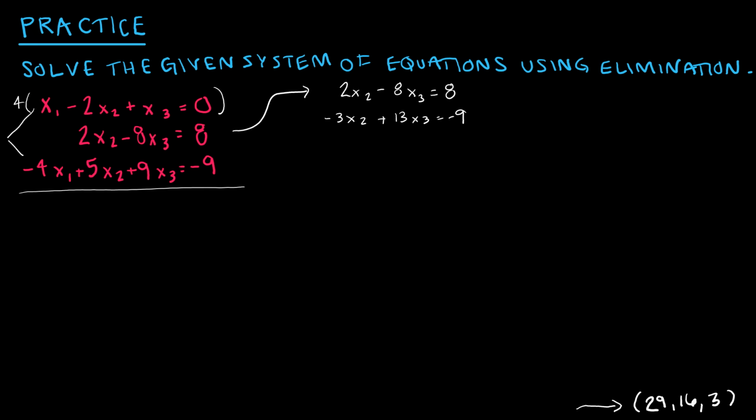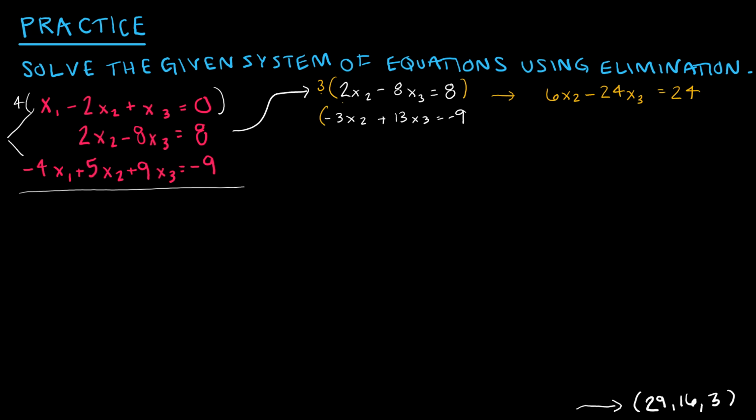So I'm going to take this equation. Oh, I don't like purple. That's not bright enough. I'm going to take this equation and multiply it by 3. And I chose 3 because 3 times 2 is going to give me 6. And that gives me 6x2 minus 24x3 equals 24.